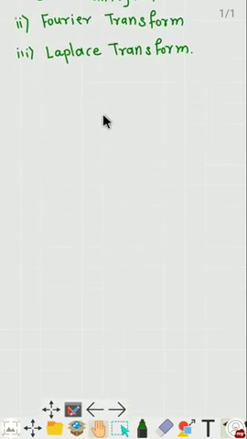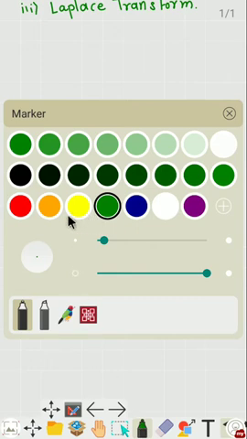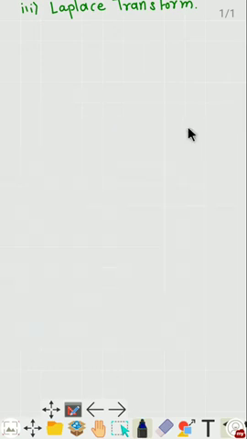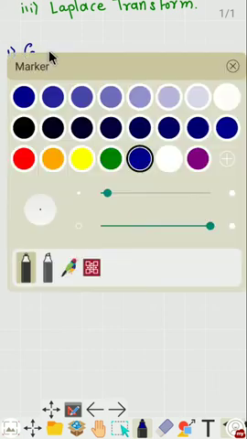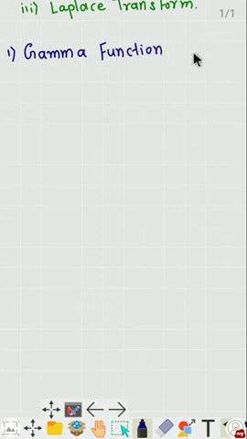So let us first define what is meant by gamma function or gamma integral. We call it the gamma function, or we may say it is the gamma integral.